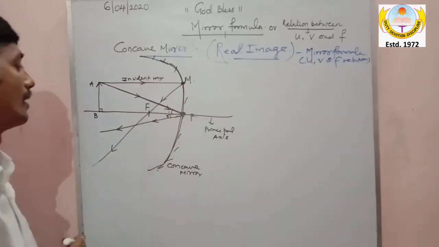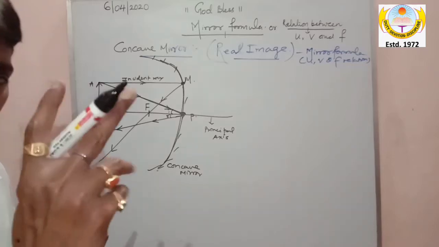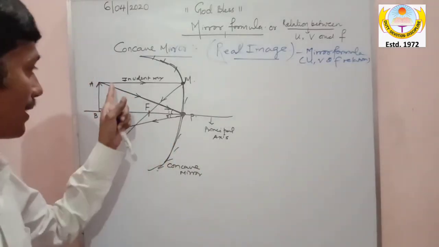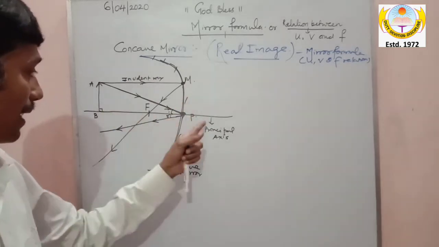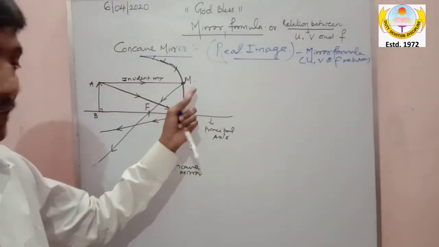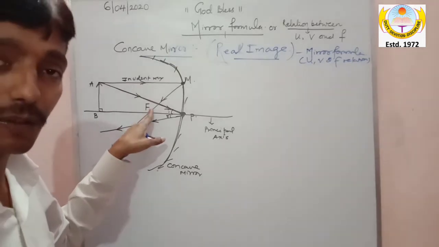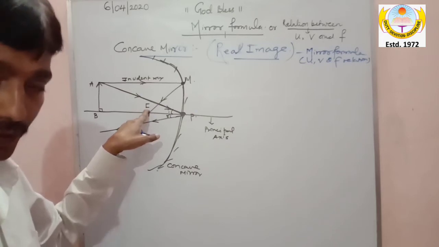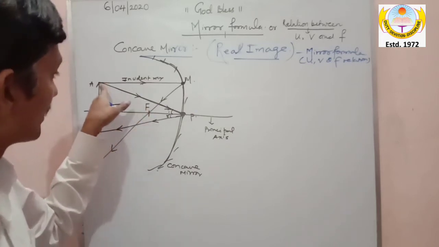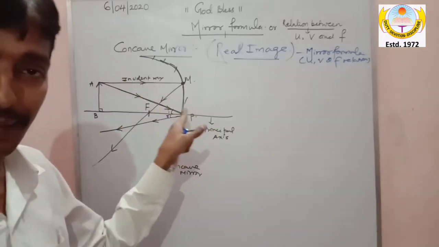Now my dear, after doing all this, I hope this is clear. So I have drawn two incident rays, one parallel to the principal axis, AM. This, being parallel to the principal axis, will reflect and pass through the principal focus. The second incident ray is along AP, you can see AP. That is the incident ray.